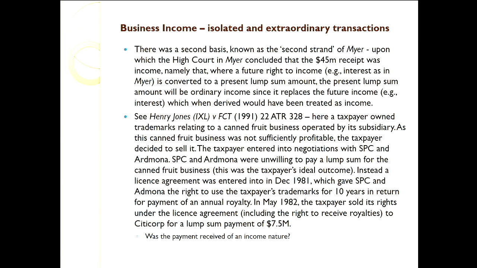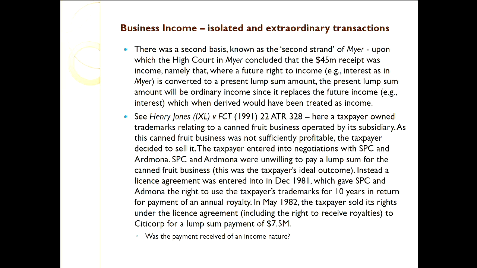Well, apart from making jam, they had this canned fruit business, and they really wanted to sell it to someone. They were negotiating with SBC and Admona, two companies, but SBC and Admona weren't interested in buying the canned fruit business altogether, which was Henry Jones' ideal outcome.